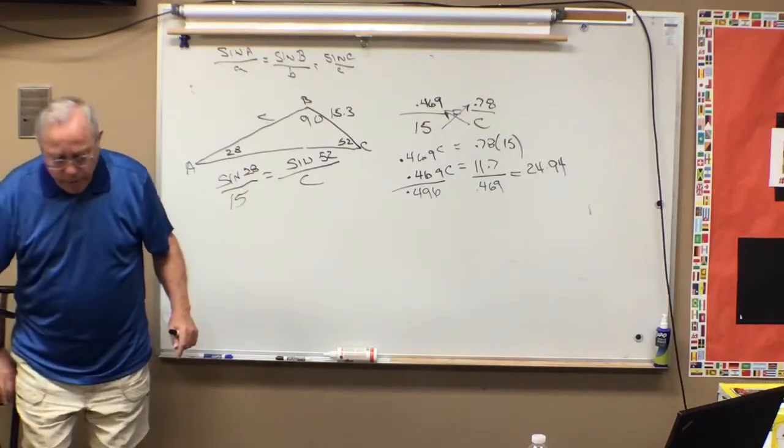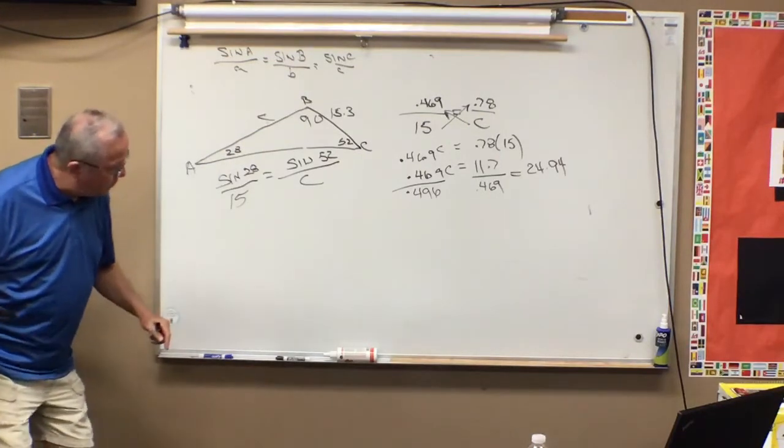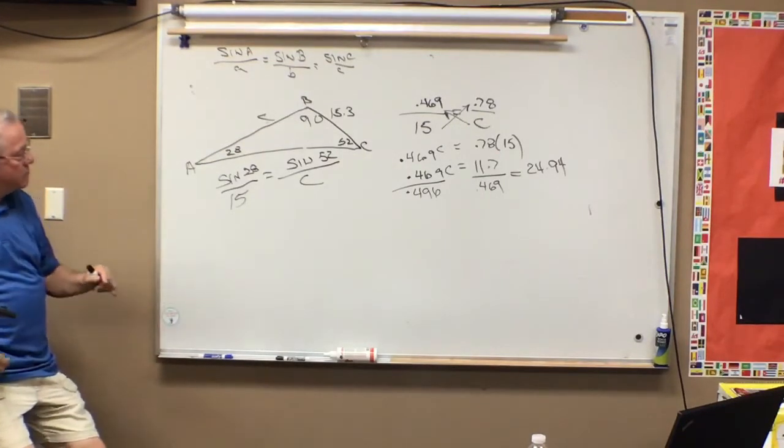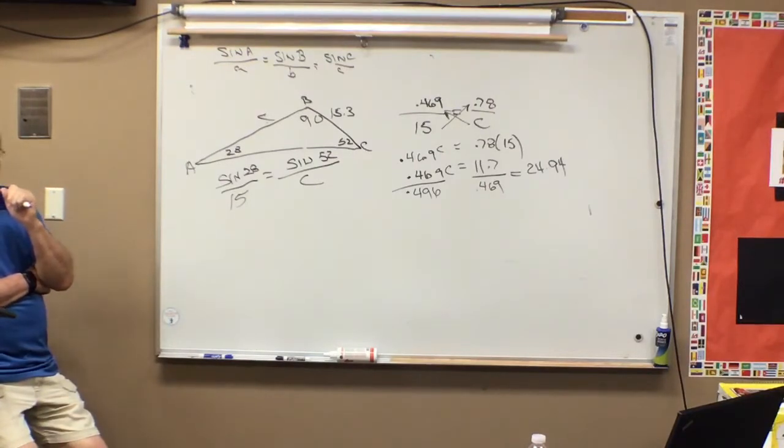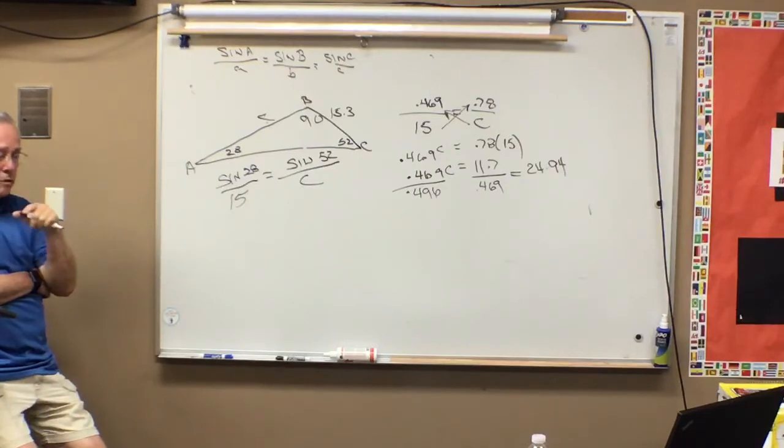Again, take your time and copy this, okay? All right, too bad we're not in class because you could ask questions, but again, you can go to Khan Academy and look up the law of sines and they'll show you some problems.